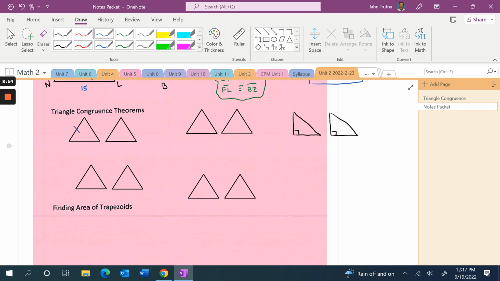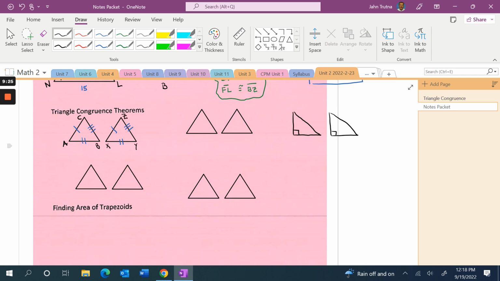So let's say the left sides of the triangles are equal to each other. Let's say the bottom of the triangles are equal to each other. And let's say the right side of each of the two triangles are equal to each other, as indicated by these congruent marks. Okay, and let's go ahead and label the corners or the vertices of the triangle on the left as ABC and the triangle on the right as XYZ.